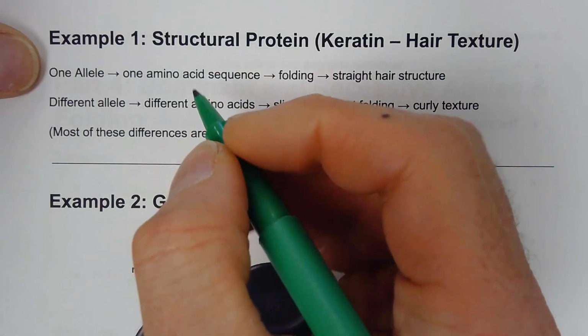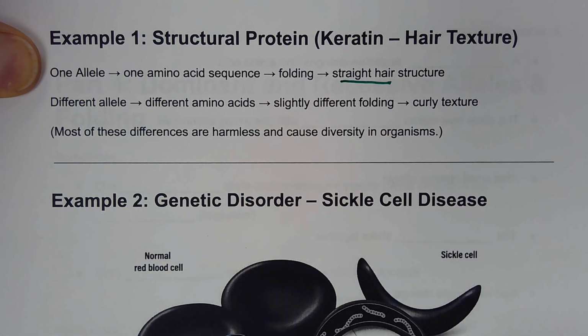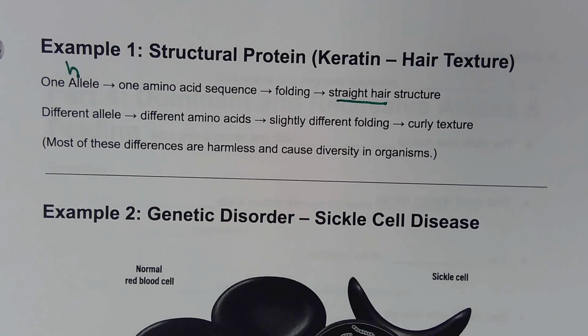All right? So one of those alleles for straight hair structure is a lowercase h. Now, it's going to start to be really important whether we're doing capital or lowercase, whether we're doing big H's or small h's.